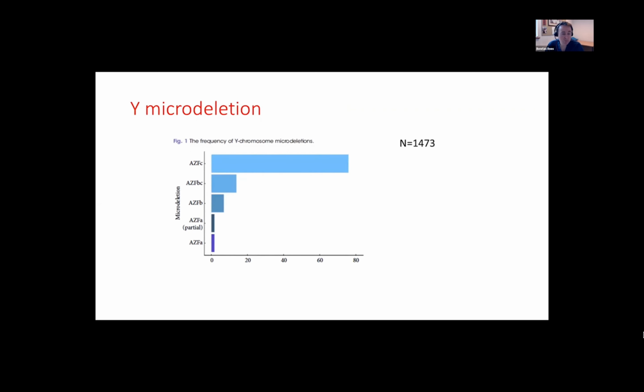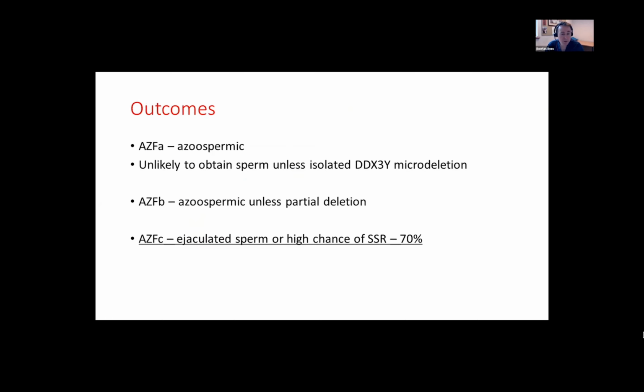Fortunately, the commonest abnormality by far is the AZFC deletion, accounting for nearly 80% of AZF Y microdeletions. AZFA is likely to lead to azoospermia, whereas with AZFC there may even be sperm in the ejaculate or a fairly high chance of retrieving sperm on surgical sperm retrieval.